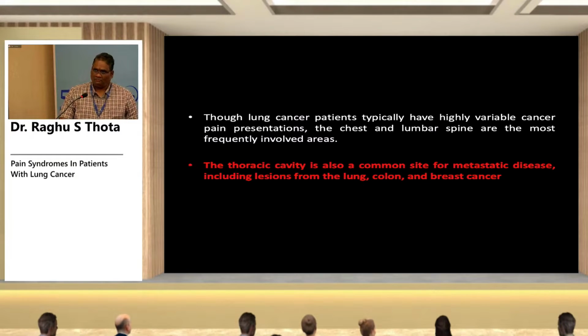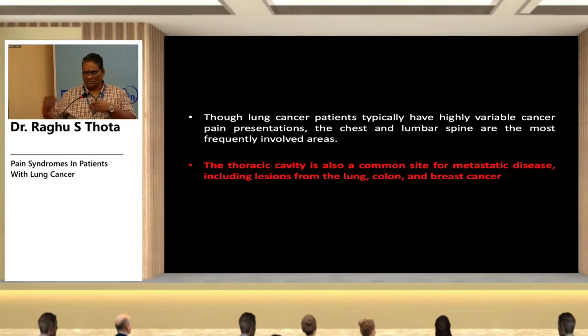So one more thing I have highlighted here in red. We have to understand that it is not only the primary tumor. A primary tumor may be from another place. For example, if it is a breast cancer, it may metastasize to the lungs. Colon cancer can metastasize to the lungs, and that may cause pain in the lung or in the thoracic areas. And we might be thinking it could be a primary lung cancer.